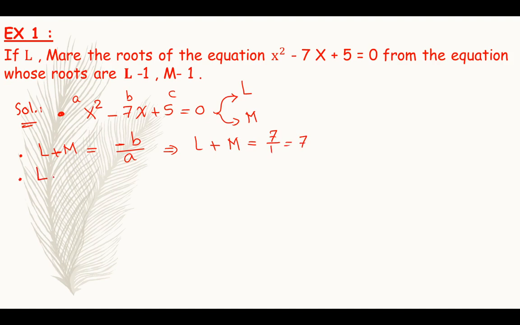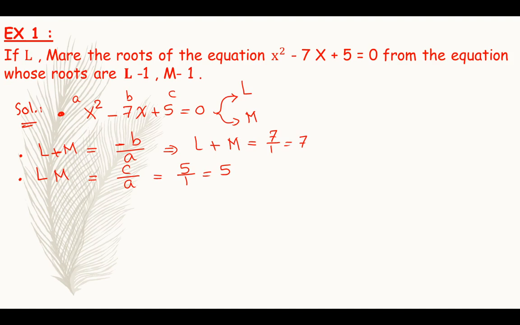Product of roots, LM. Okay, LM equals C over A, and here we have C equals 5 and A equals 1, so it will be 5 over 1, which equals 5. Now we have the sum of the roots equals 7 and the product of the roots equals 5.